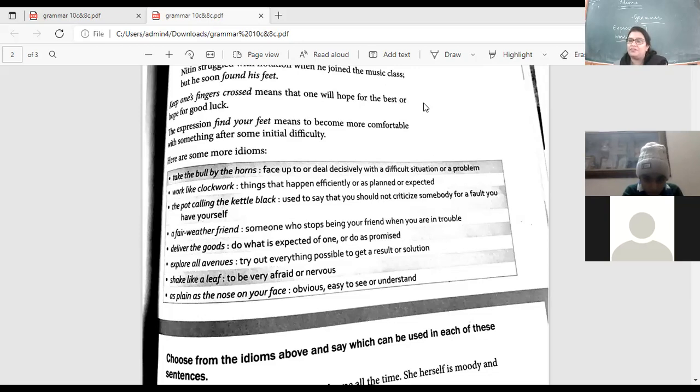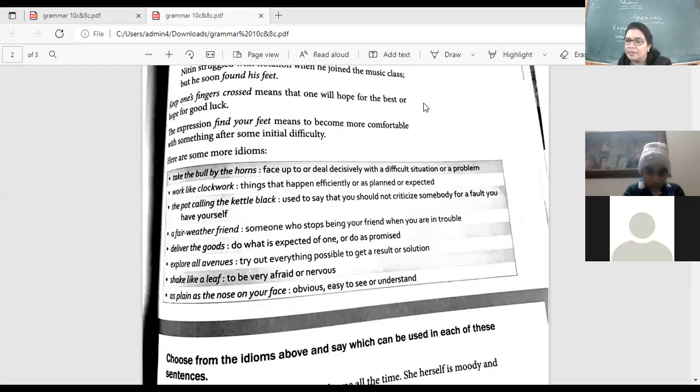Explore all avenues. सब जगह देखना, सब चीजें ट्राई करना, right? I am not in a hurry to choose a job. I want to explore all avenues.